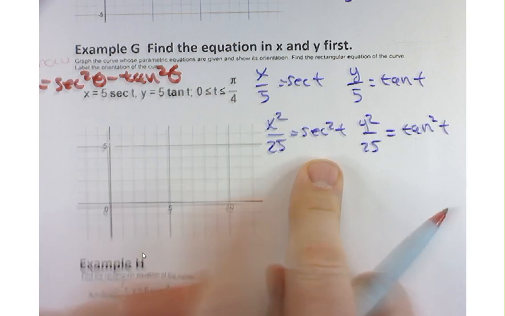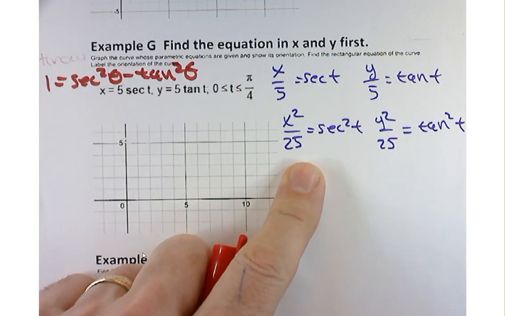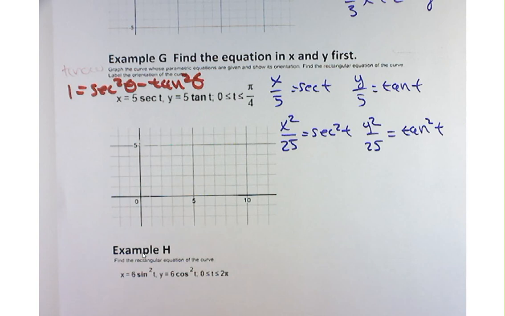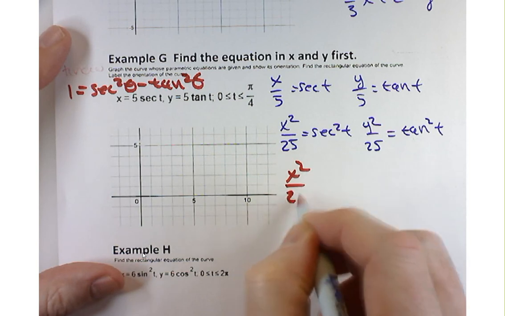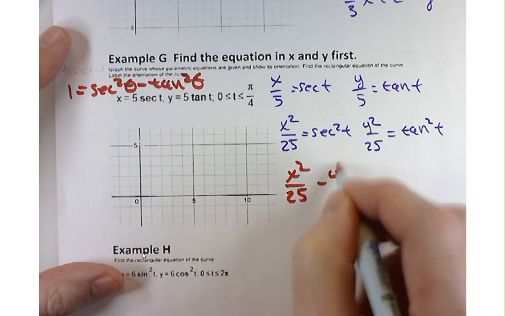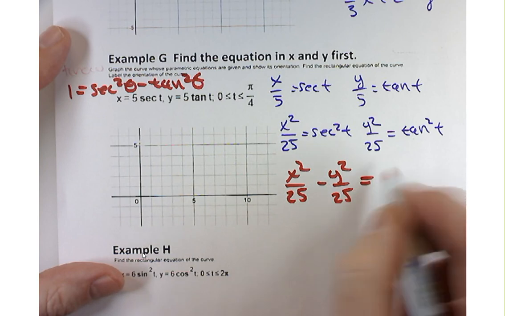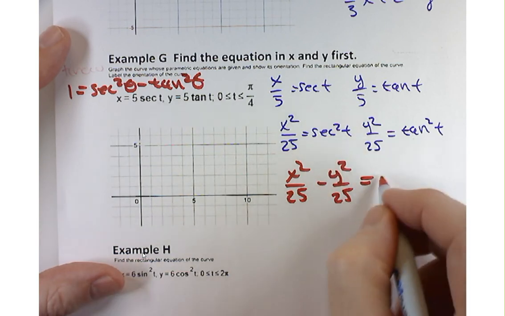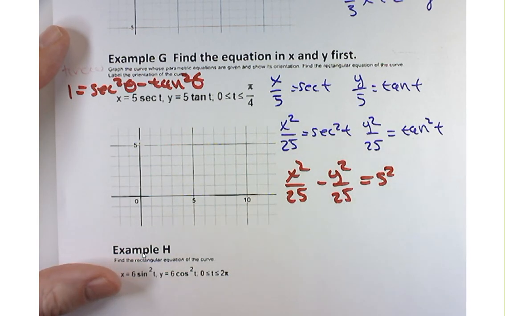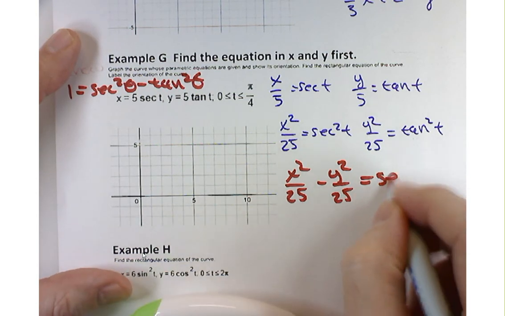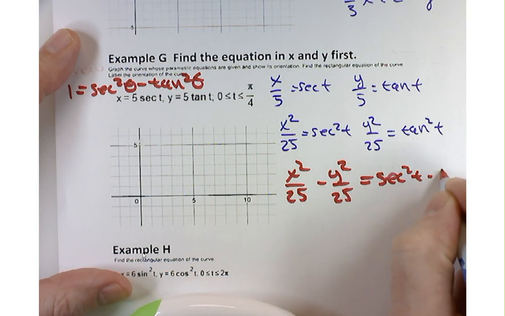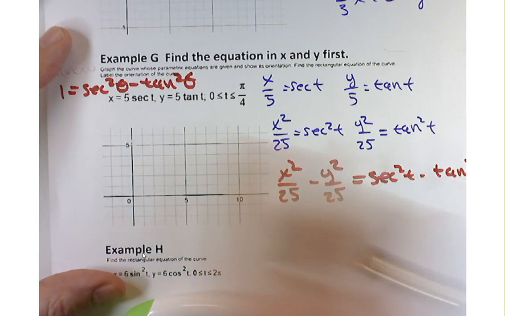So how do I have to combine these so that I can get rid of the tangent squared and the secant squared? Subtract them. So if I do x squared over 25 minus y squared over 25, that equals secant squared of t minus tangent squared of t, which is 1.